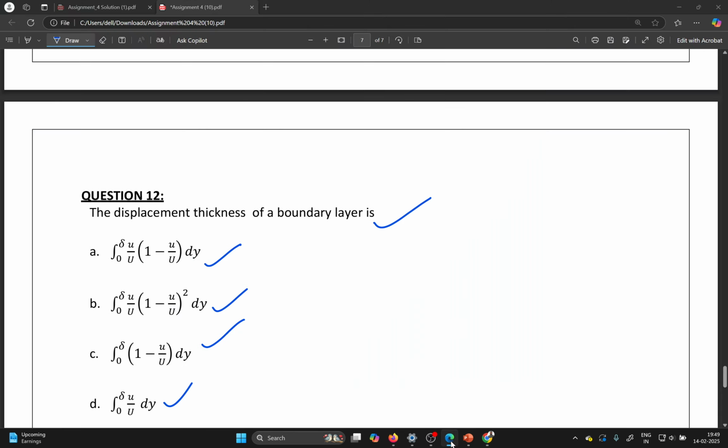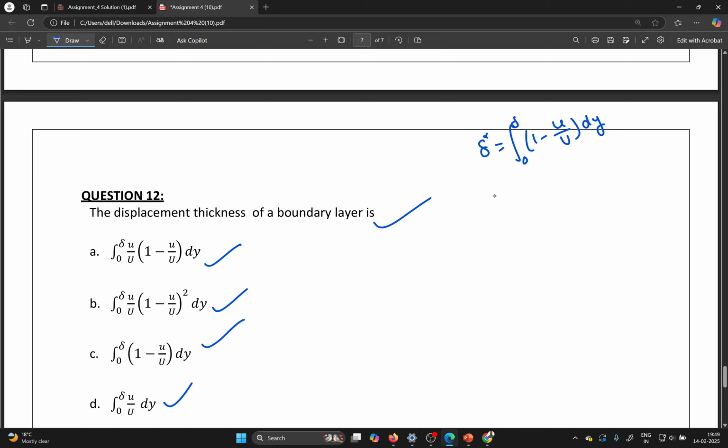Very, very important concept. The formula you all know: the displacement thickness, if I represent it with a star, is the integral from 0 to delta of (1 minus u by capital U) dy. The momentum thickness is the integral from 0 to delta of u by capital U times (1 minus u by capital U) dy.